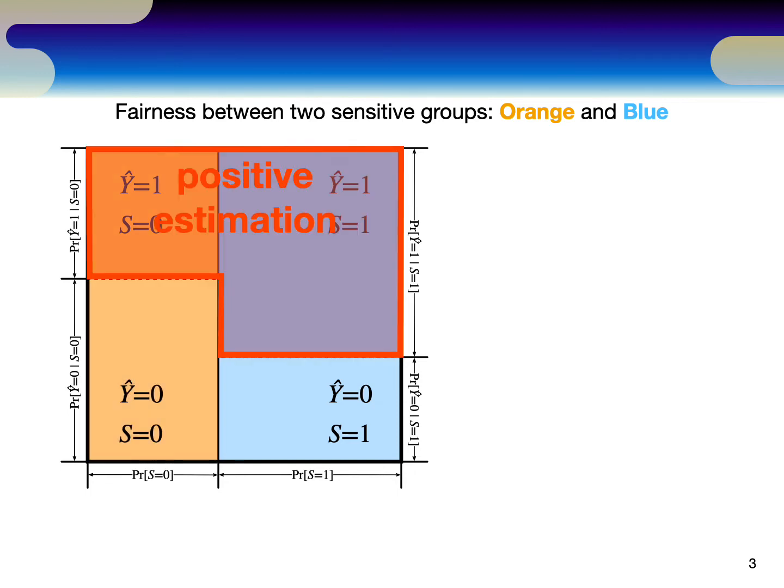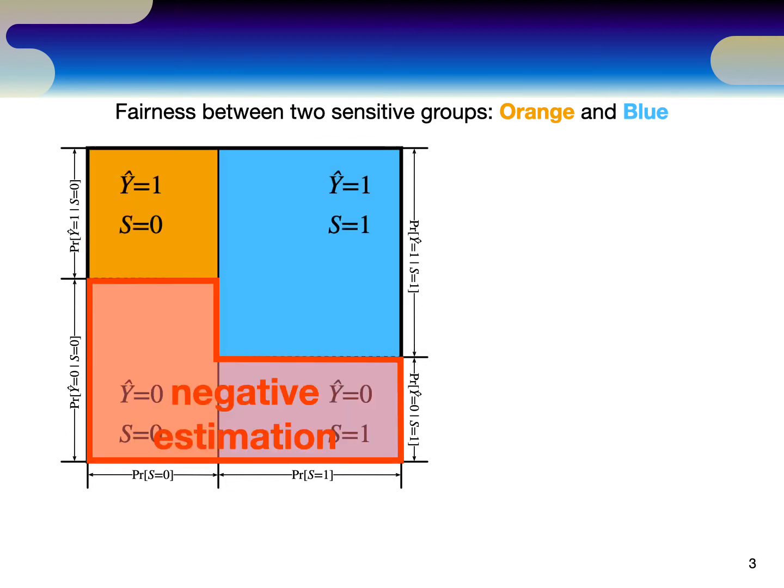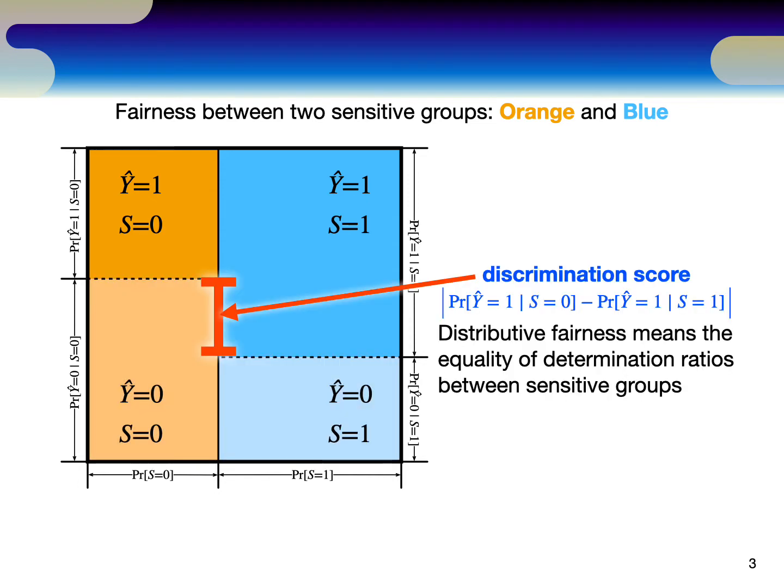This indicates the positively estimated class and the negatively estimated class. Calders quantified unfairness by the difference between two ratios.